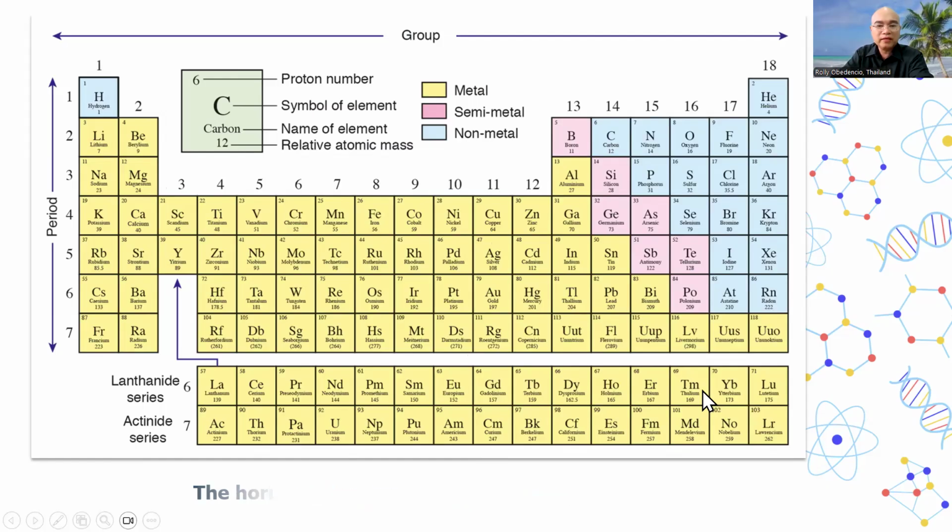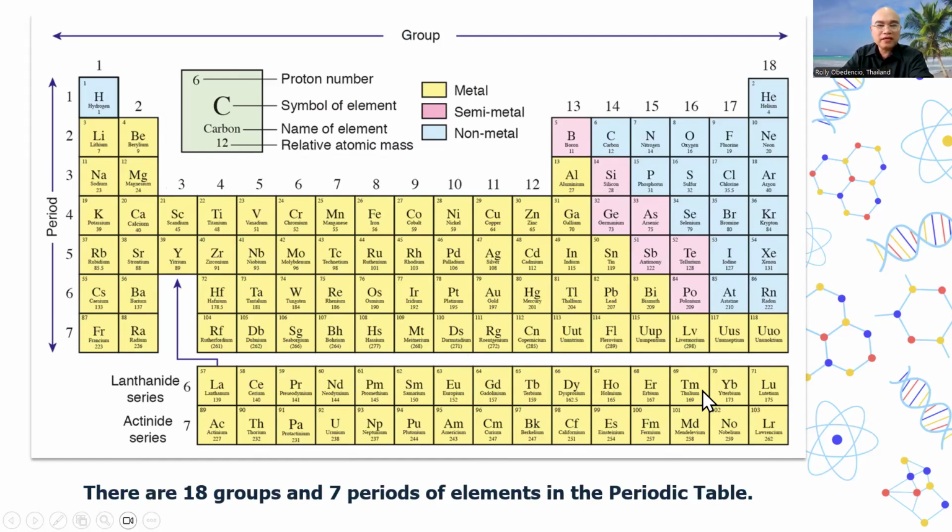All right, and then there are 18 groups and 7 periods of elements in the periodic table. 1, 2, 3, 4, 5, 6, 7, 8, 9, 10, 11, 12, 13, 14, 15, 16, 17, 18, and 7 periods. 1, 2, 3, 4, 5, 6, 7.